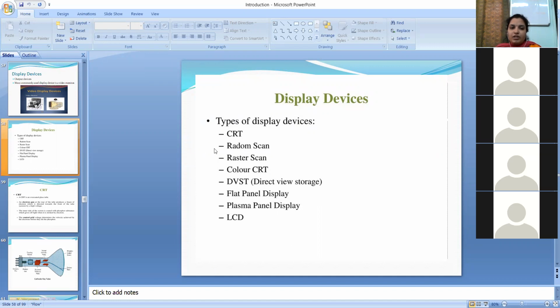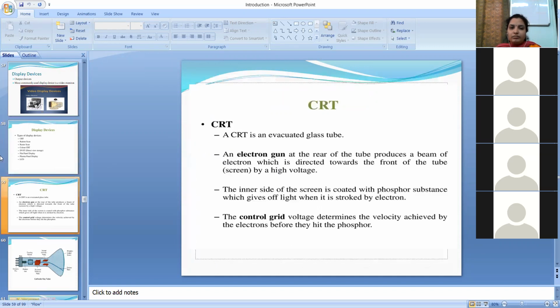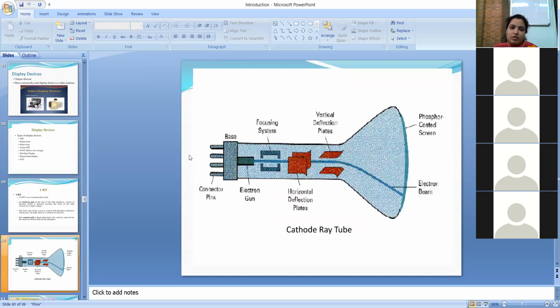So let us start with the CRT. CRT stands for cathode ray tube. It has this structure. I will show you the diagram. This is your cathode ray tube, a cylindrical structure with a dome-like structure at one end.